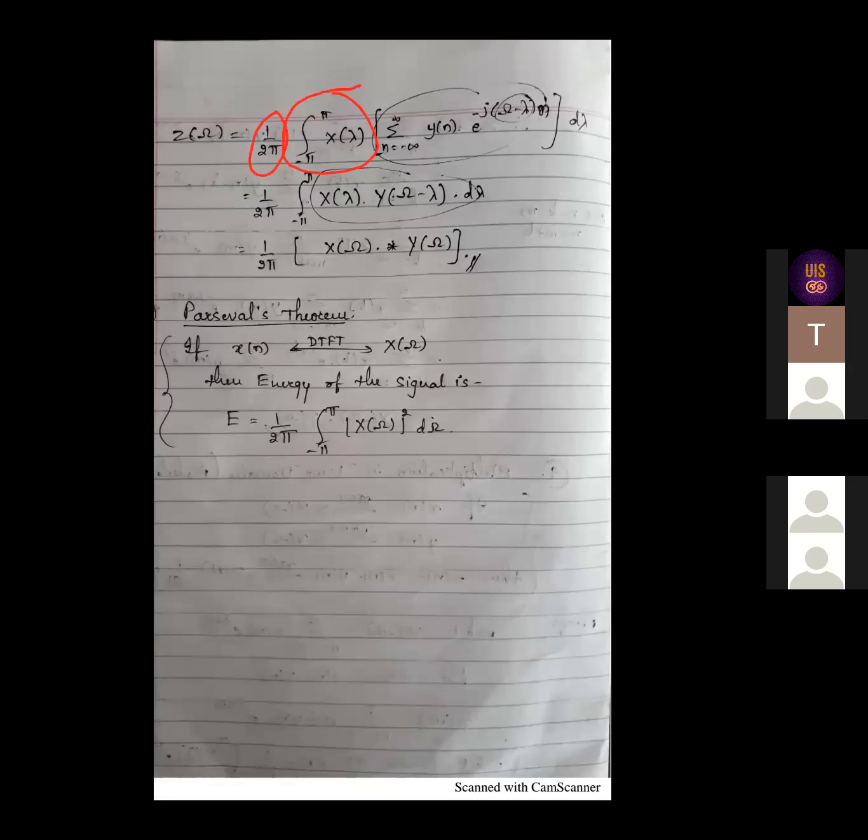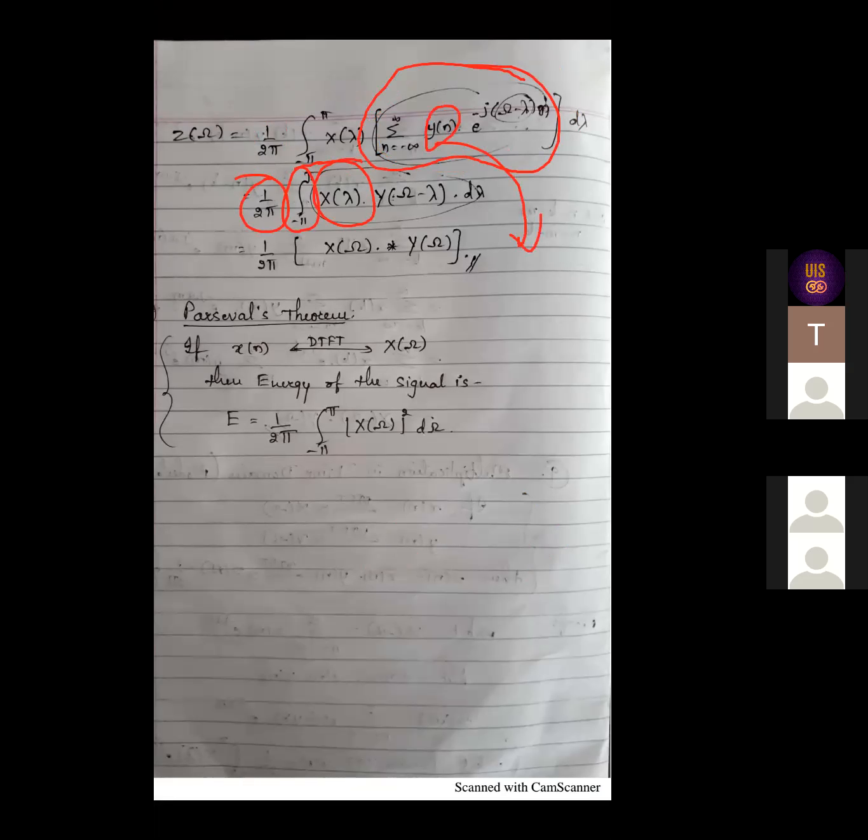If we rearrange this much, we get 1 by 2 pi as it is. Inside, just club both the exponentials. You get e raised to minus j n as it is, and I club both to make it omega minus lambda. Now, in the next step, 1 by 2 pi summation x of lambda as it is. This complete term represents the Fourier transform of y of n.